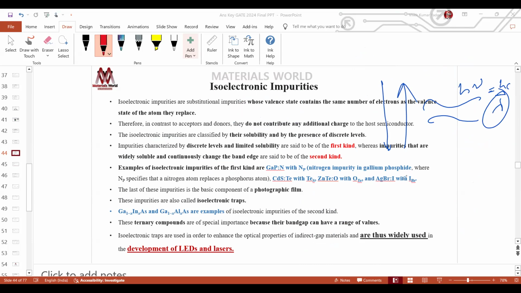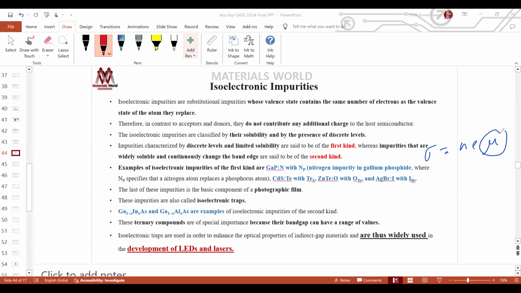Also, doping will change the conductivity as well, because sigma equals n e mu. If you're changing the mobility by putting in the dopant, of course you will change the conductivity. Sometimes you can make a magnetic semiconductor by modifying the spin of the electrons.